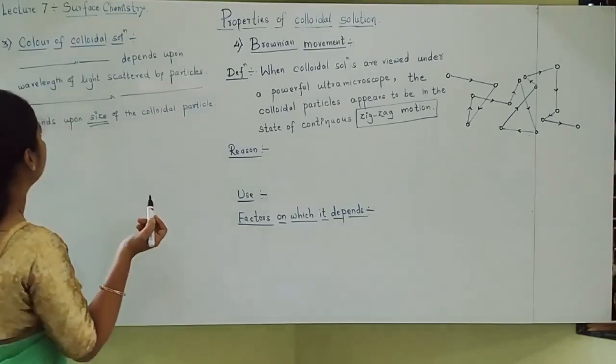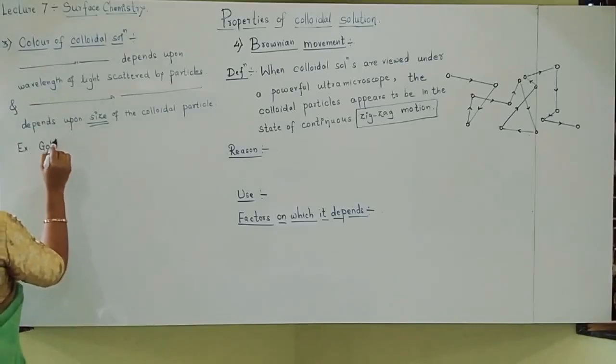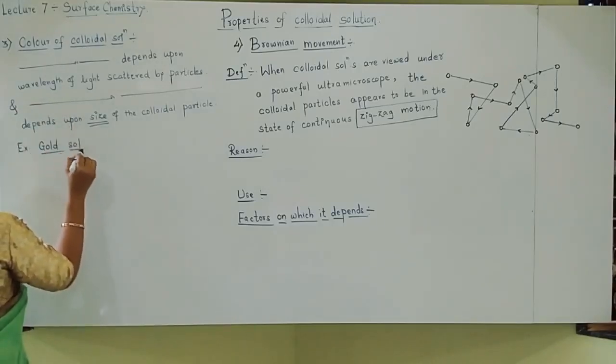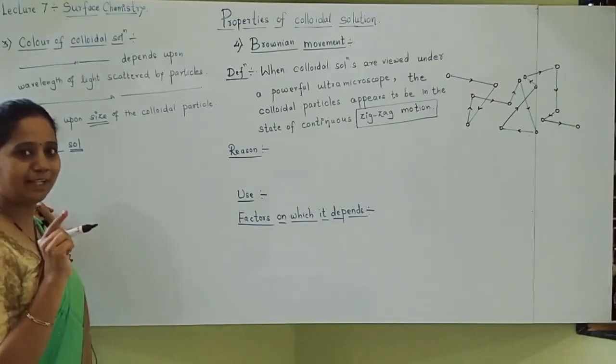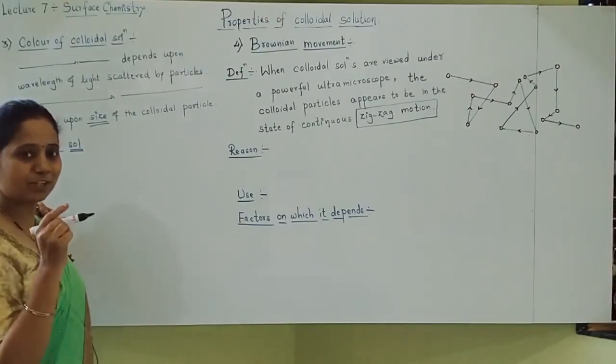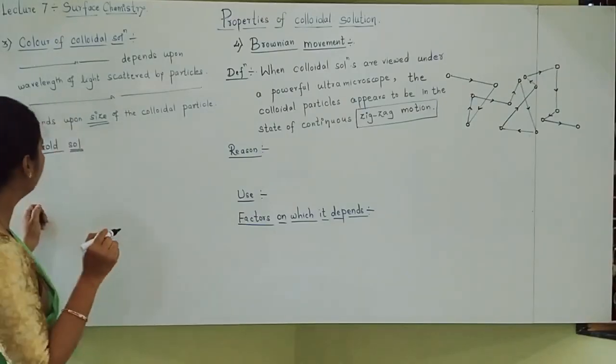Let us take an example, gold sol. I hope you know the meaning of sol. What is sol? Solid in liquid. The dispersed phase should be solid and the dispersion medium should be liquid, then it is called a sol.